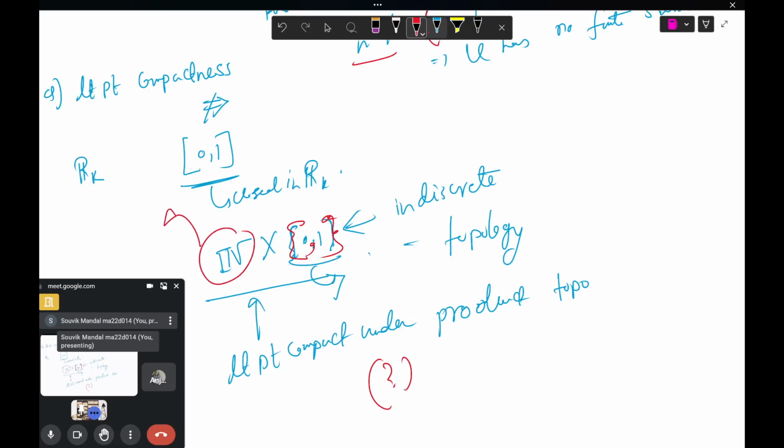N with discrete in the usual, and the doubleton {0, 1} in this case, of course. So I realize that under the product topology this space is limit point compact.